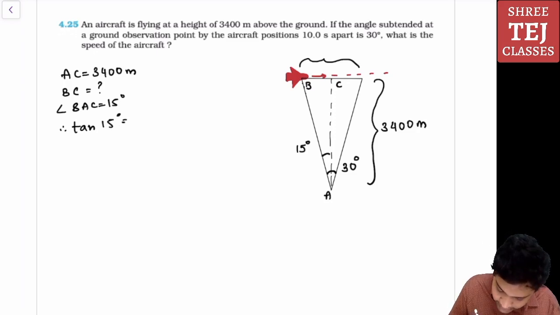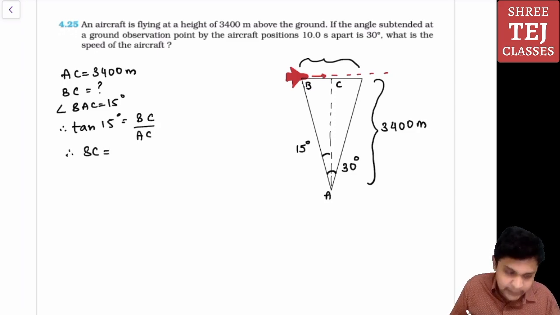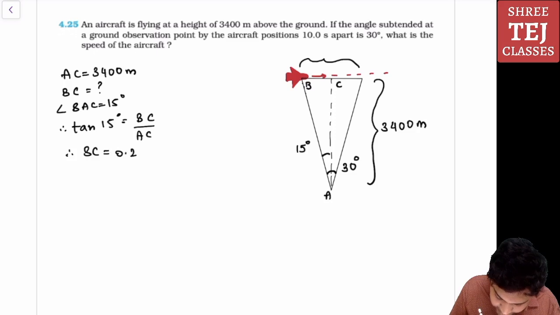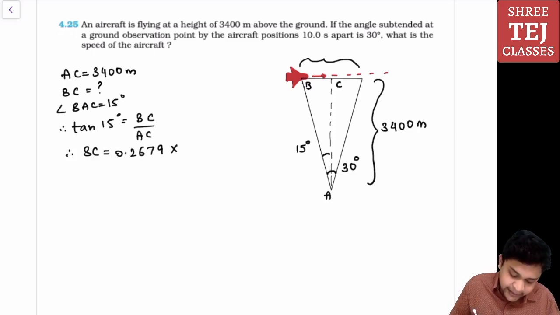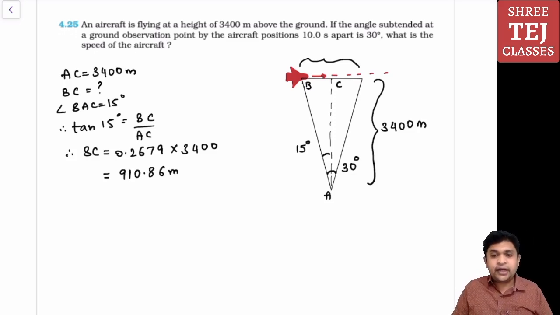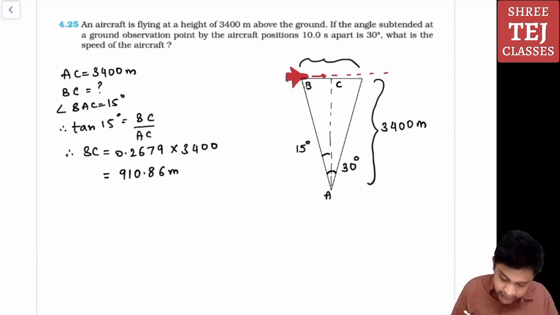So this would be BC upon AC. Therefore, BC will be tan 15, which is 0.2679, multiplied by AC, which is 3400. So this comes out to be 910.86 meters. So BC is 910.86 meters, but the total distance traveled by the aircraft is twice BC.